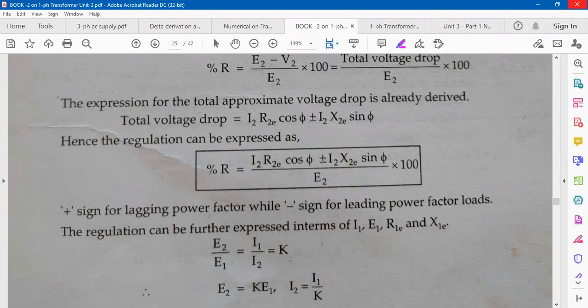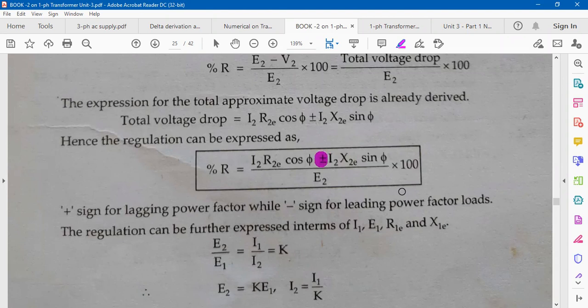If the imaginary part is negative, then phi, the tan inverse of imaginary part upon real part, you will get negative. So the sign of minus phi will be minus sin phi. What does it mean? Whenever it is given to calculate voltage regulation for leading power factor, use the negative sign here.